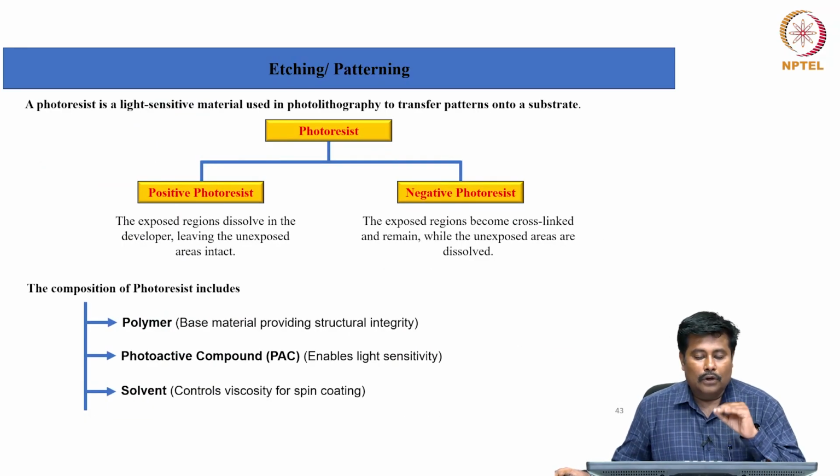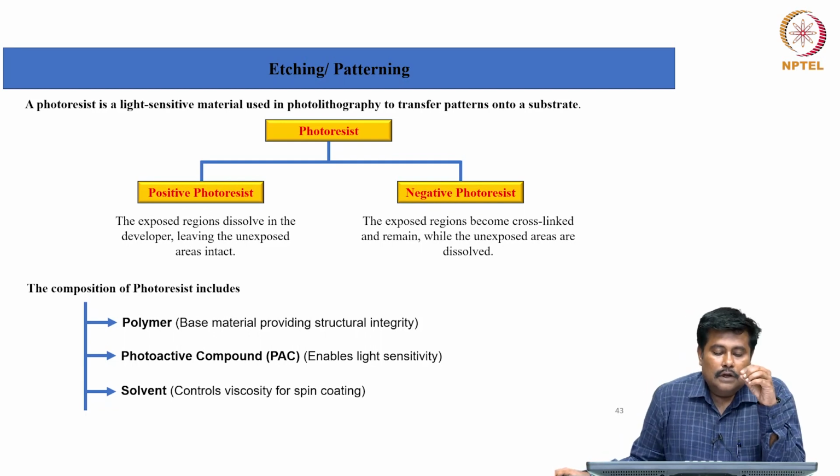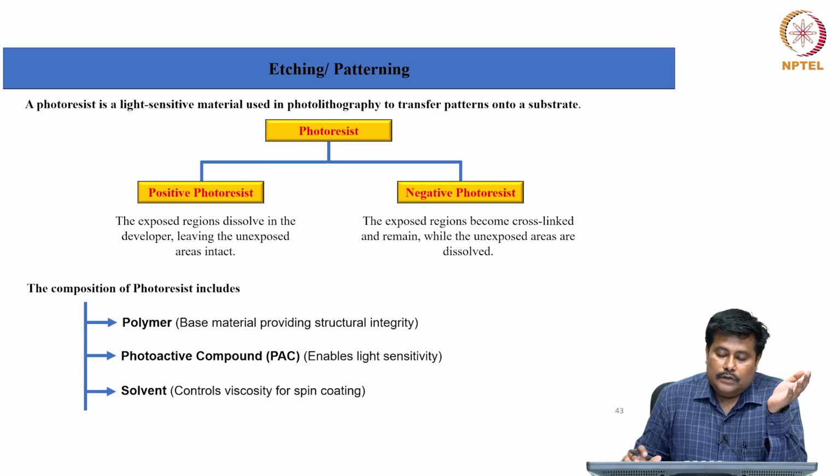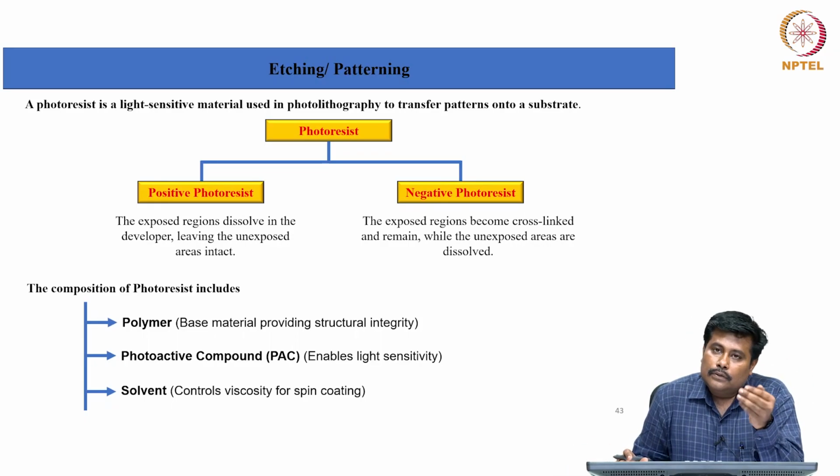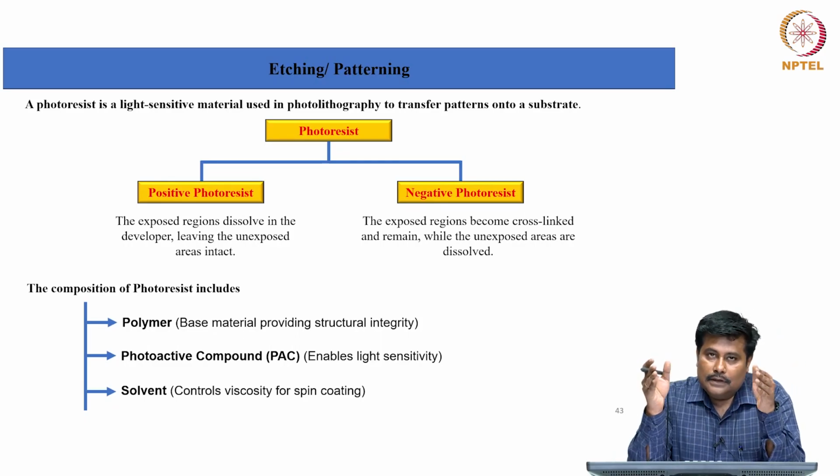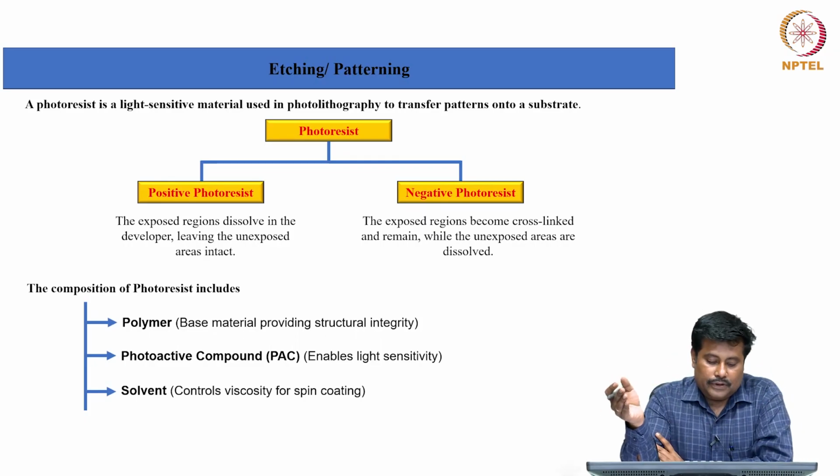When I closely observe the functionality of a photoresist, the photoresist is a light sensitive material which is used in photolithography to transfer the pattern onto a substrate. If I classify photoresists, we have positive photoresist and negative photoresist.